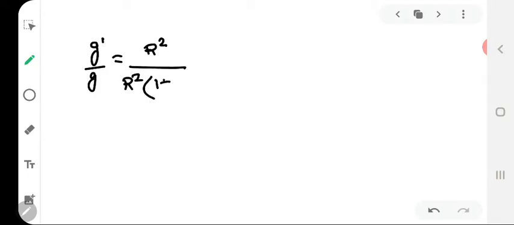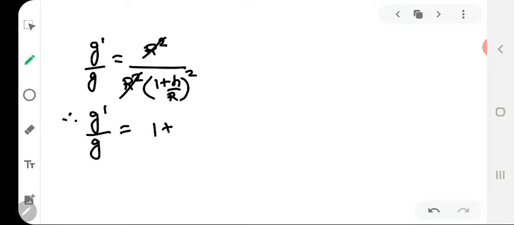Now we may write g dash by g to be equal to r square, and from the denominator if I take out r square common, then this will become 1 plus h by r whole square. So we can cancel out r square. So therefore g dash by g can be written as 1 plus h by r to the power minus 2.